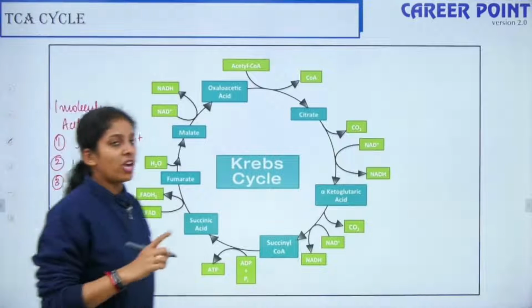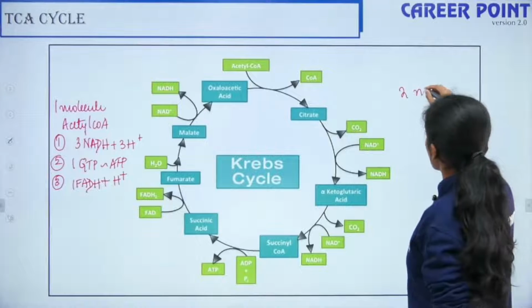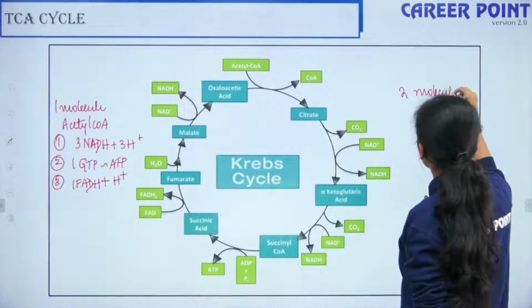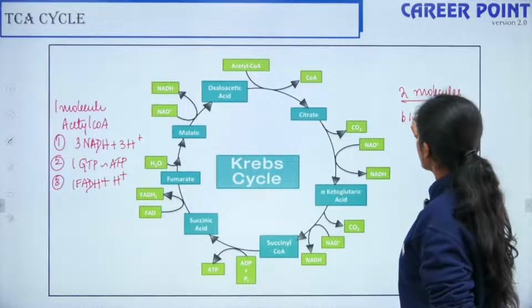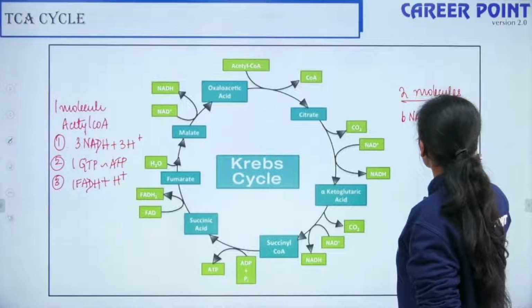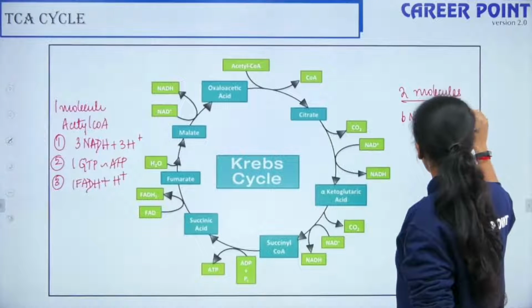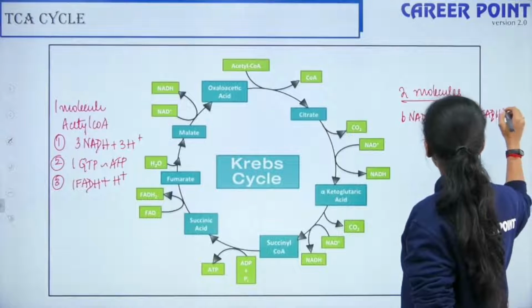But at the end of glycolysis, you have two molecules of acetyl-CoA. So for two molecules, how many will you have? You will have 6 NADH plus 2 ATP plus 2 FADH. Right?